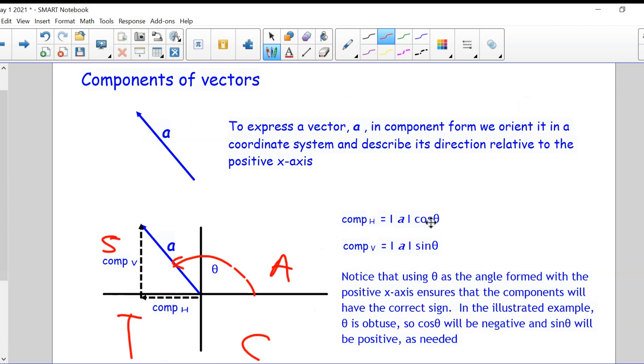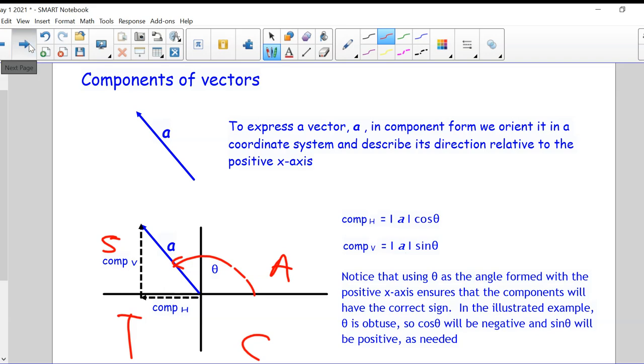And for the vertical component, we take it times the sine. Vertical, think of it as your y component. Always just remember, cosine is your x, sine is your y. When I say vertical, I'm talking about along the y-axis, horizontal meaning along the x-axis.